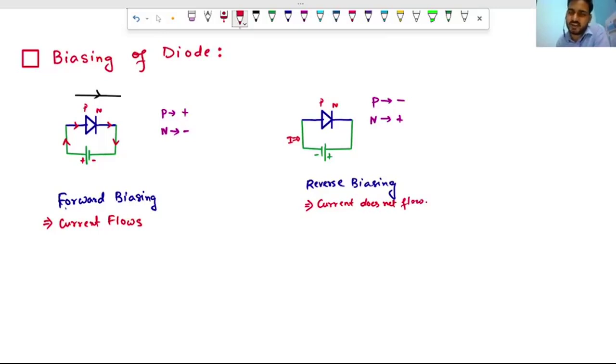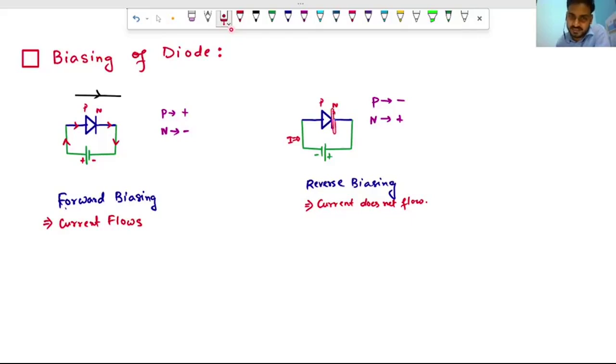This diode will not allow the current to flow through the circuit. See, suppose the charge carriers start to move like this, but they will be opposed by the diode. They can't flow through the circuit.